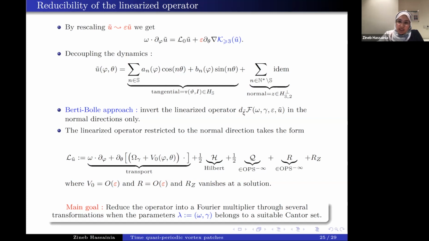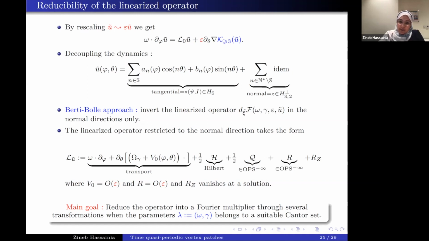Now, in order to decouple the dynamic of the tangential from the normal part, we follow the approach developed by Berti and Bolle. It's a long procedure, but the main idea behind it is to conjugate the linearized operator to a triangular system where we can solve for the angle, action, and then the normal. So it reduces the problem of inverting the linearized operator in the full space to inverting the linearized operator only in the normal direction.